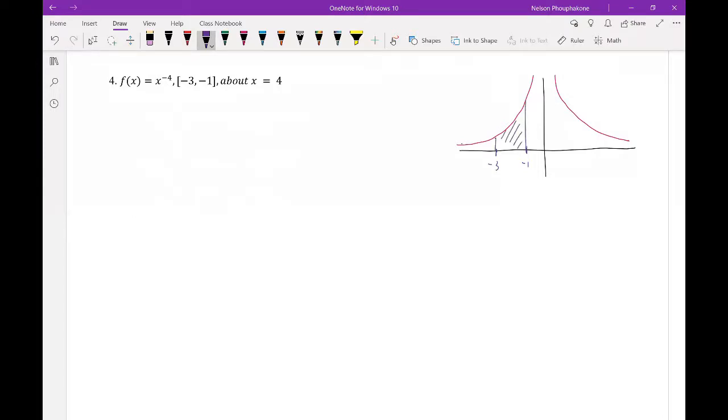And then we rotate about right here. Okay, so again, let me simplify this graph a little bit.